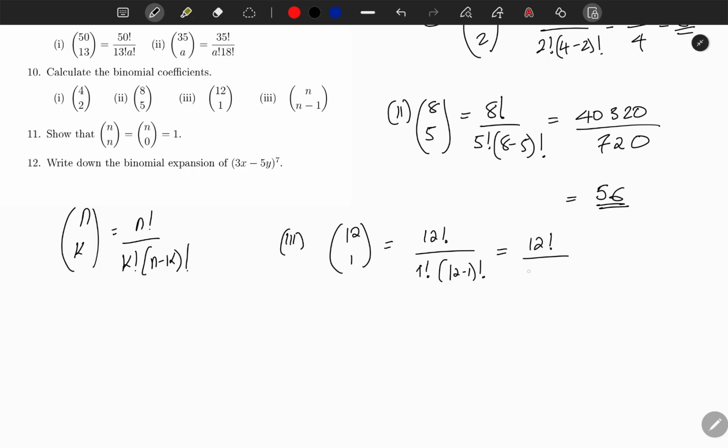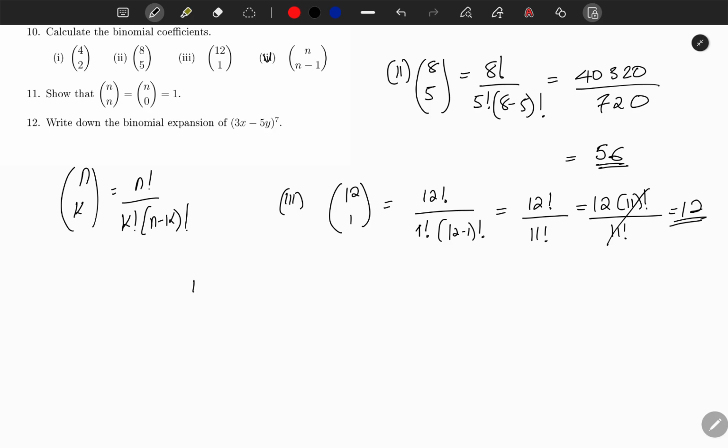This is just 11 factorial, then you have 1 factorial there. If I remove 11 from here, you understand that 12 factorial can be written as 12 times 11 factorial. So those will cancel to give us 12. Simple as that. You need to be a little bit creative. That is what we expect from you.